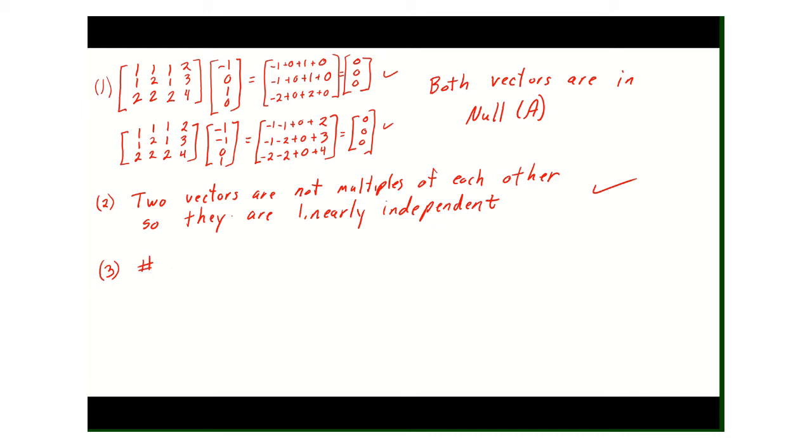Here, what is the dimension? The dimension of the null space is equal to the number of columns minus the dimension of the column space.